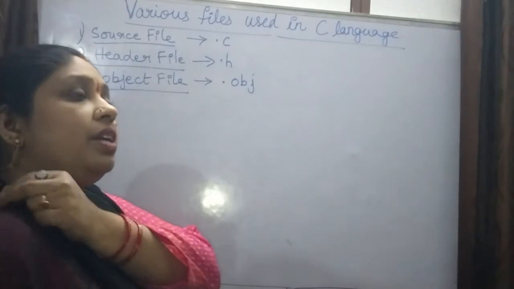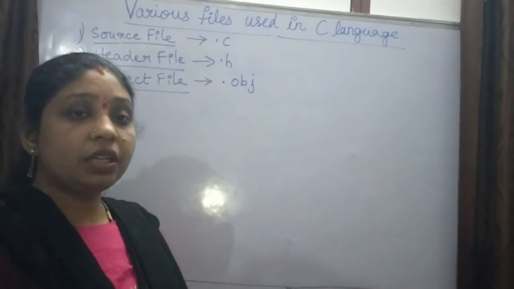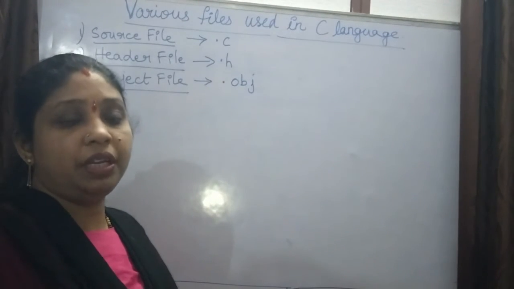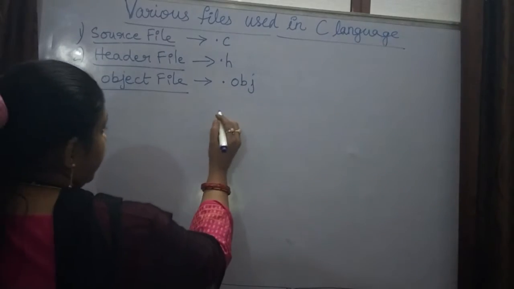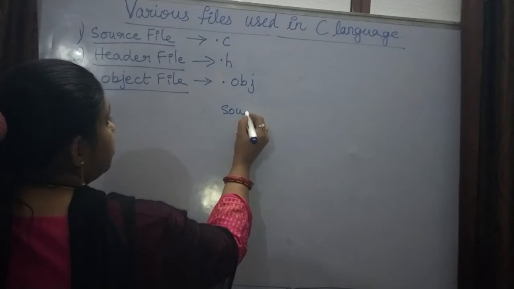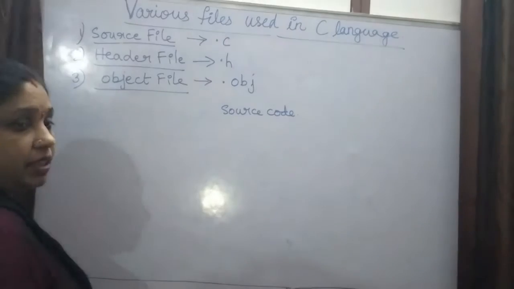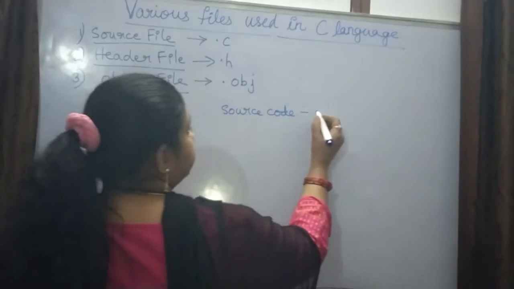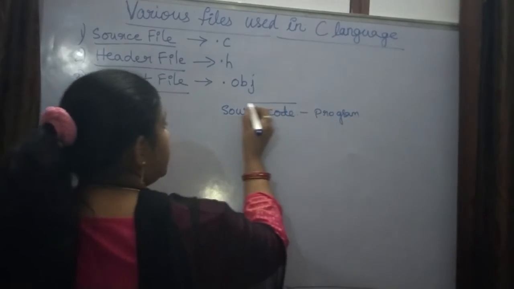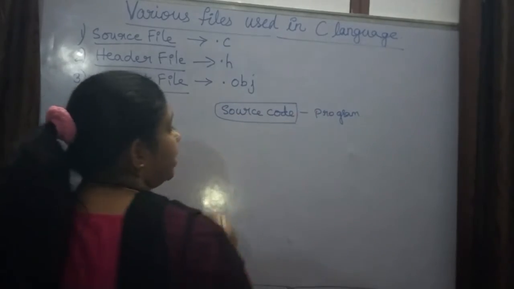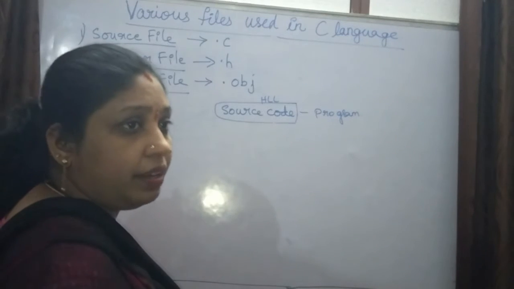Now where do you get these object files? Suppose you have written a source code. This is nothing but the program, which you have written in a high level language.